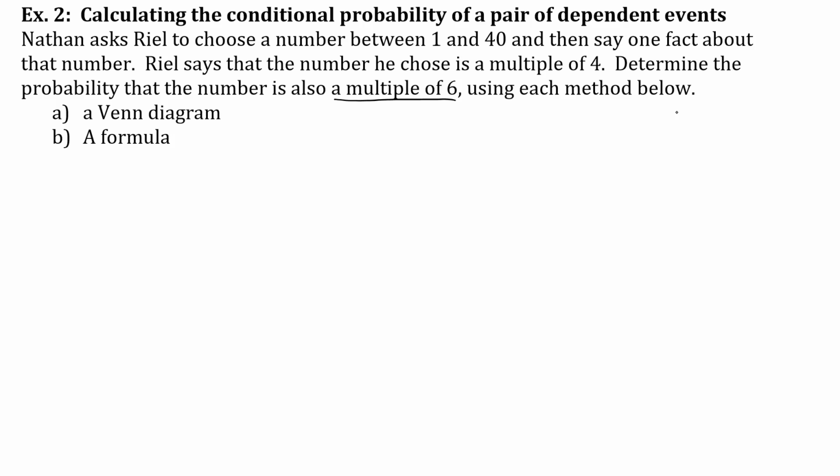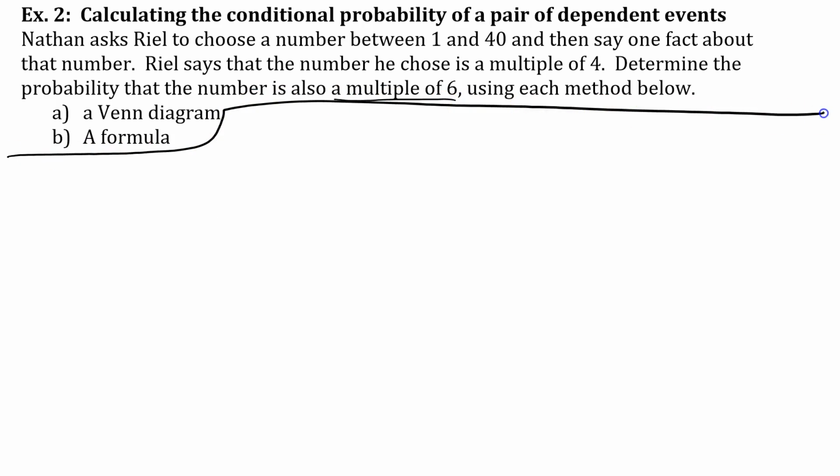So before we attempt this at all, let's just define our sets. Let U represent natural numbers between 1 and 40. So that's our universal set.